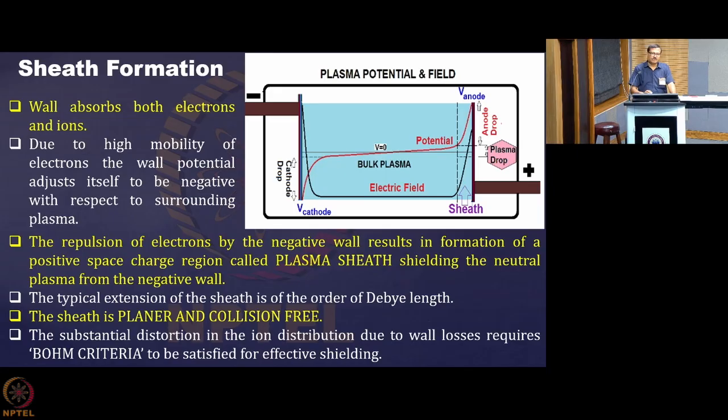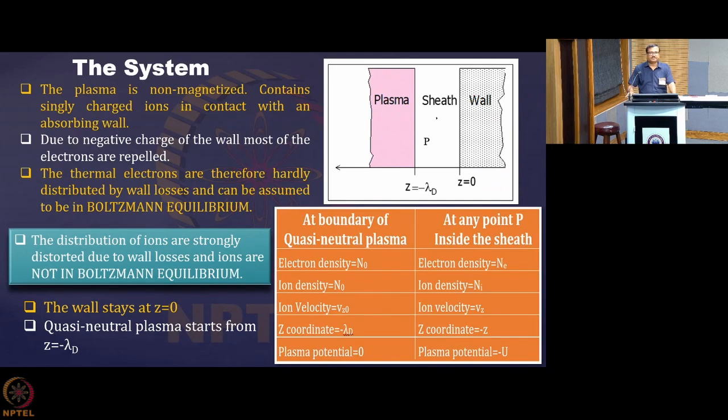Okay, so we start with this, and then let us try to understand the sheath region in this class. For a formal mathematical framework, we define that the wall of the plasma container is at z equal to 0 here, and then the plasma sheath is the white region here, extending up to, as I told you, the order of Debye length.